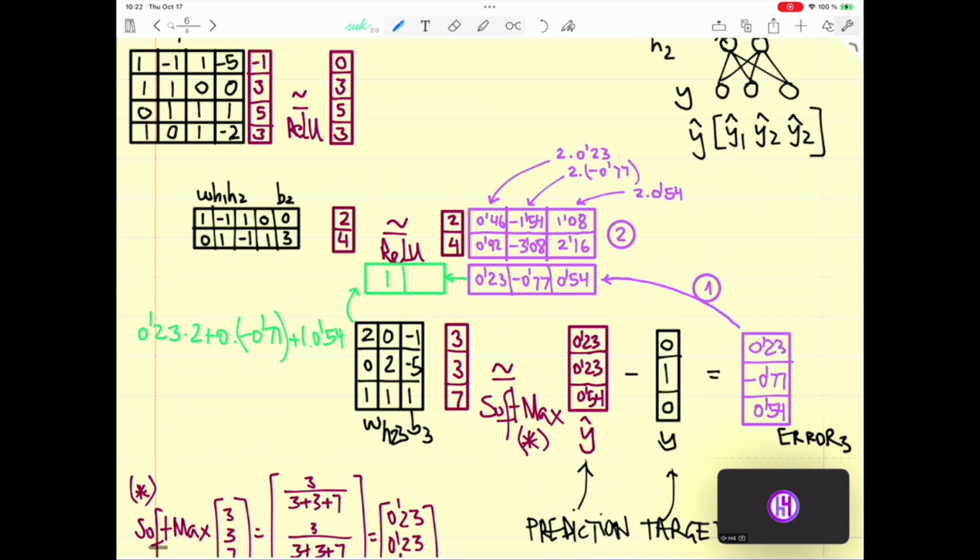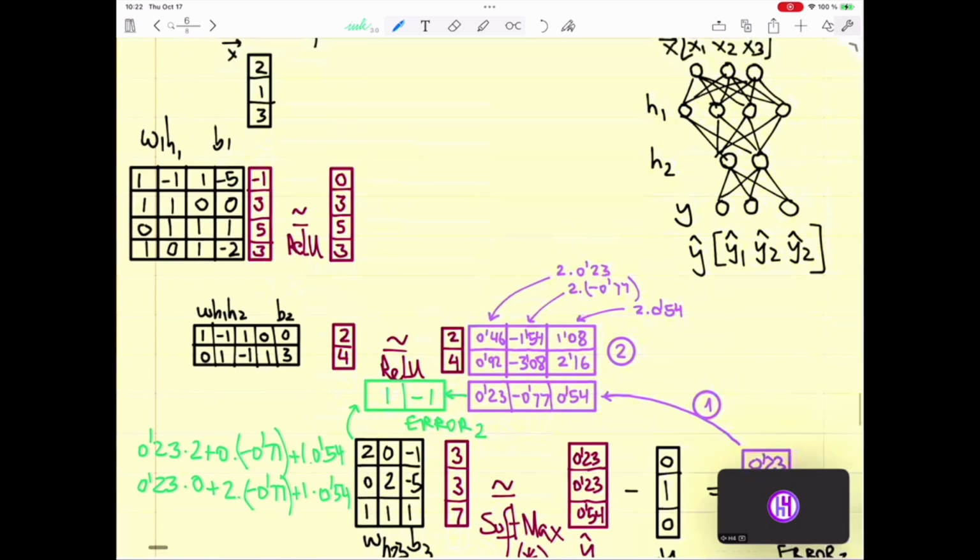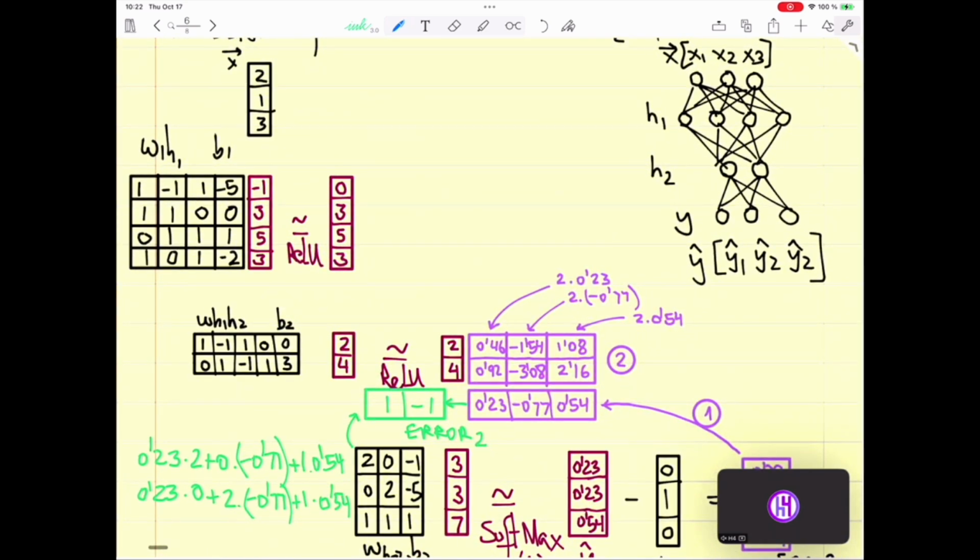And then we multiply again, 0.23 times 0 plus minus 0.77 times 2 plus 1 times 0.54. Turns out to be minus 1. And we call this error 2. This is the third step in the game. Okay?